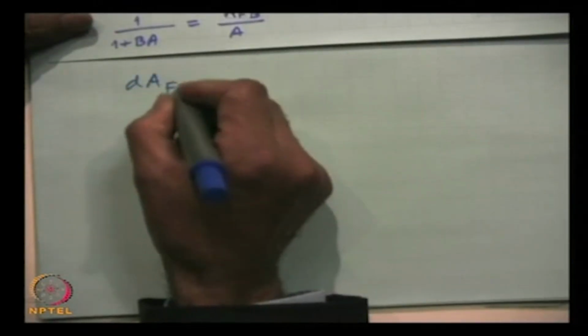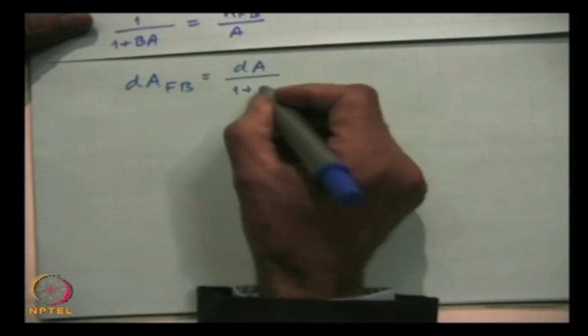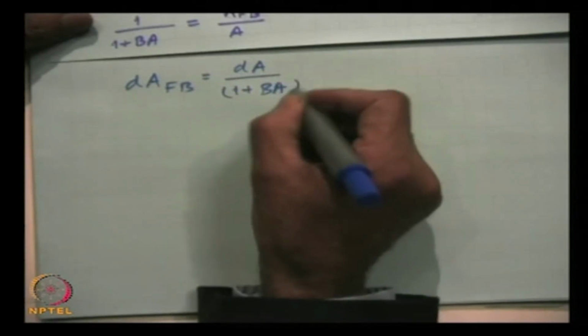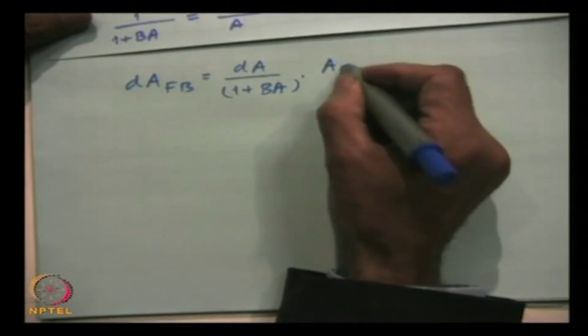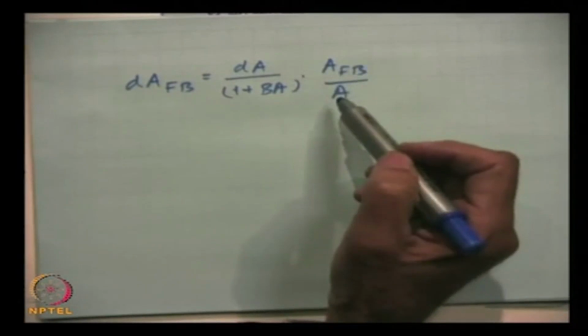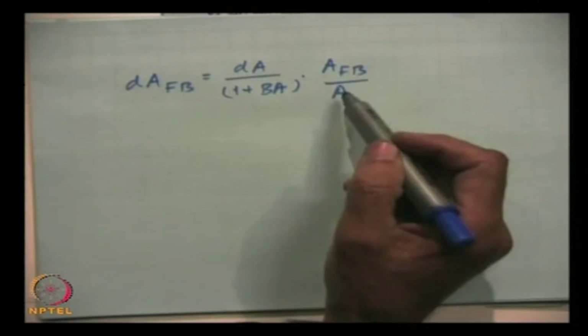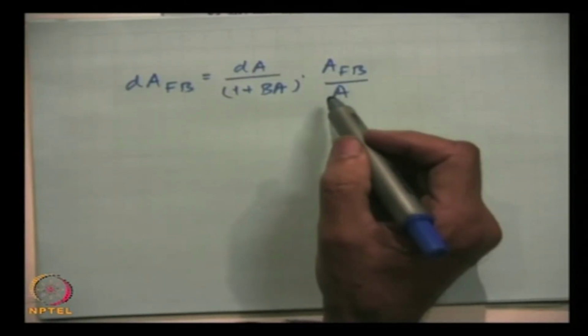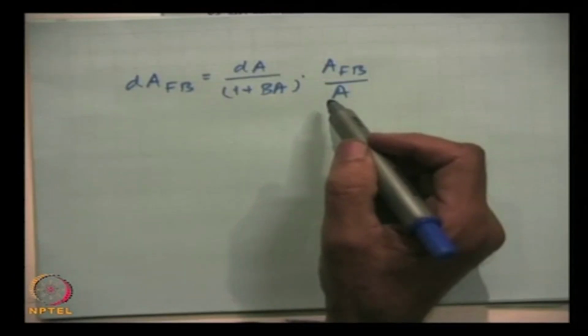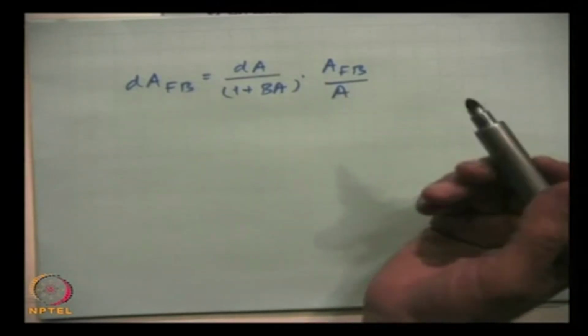Therefore, this equation becomes dAFB is equal to dA by (1 plus BA) into AFB by A. I have replaced that 1 by 1 plus BA from the fundamental equation in this ratio, because we want to bring the final expression in a format which we can immediately use and which has the same terms which we are aware of.